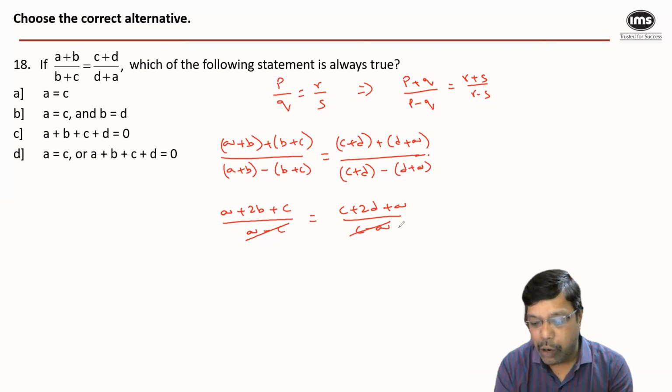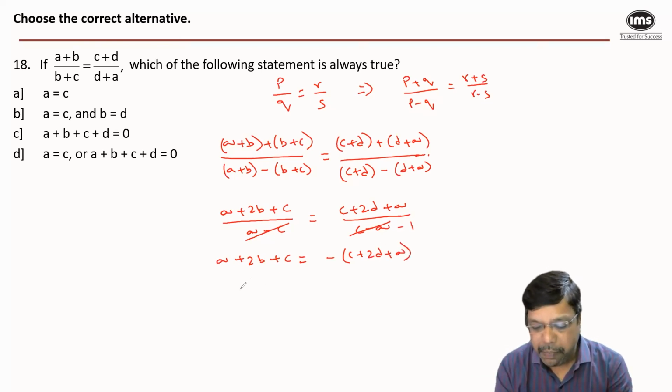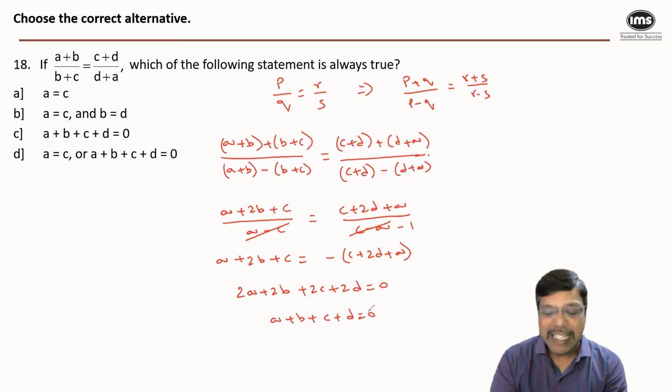So if I cancel out, then we get A plus 2B plus C is equal to minus of (C plus 2D plus A). So rearranging them, we get 2A plus 2B plus 2C plus 2D is equal to 0, from where I can derive A plus B plus C plus D is equal to 0. Hence, answer option B.